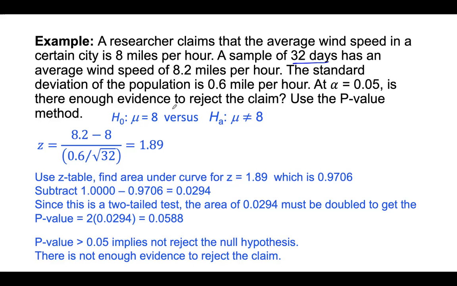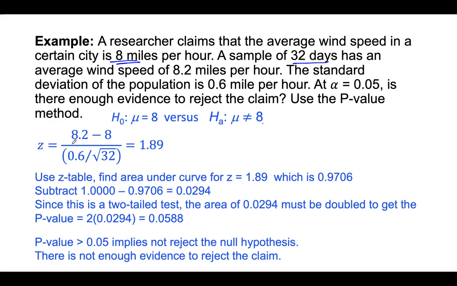Use this p-value method. So we know that the claim here again is that it's 8 miles per hour. The alternative is that it's different than 8 miles per hour.